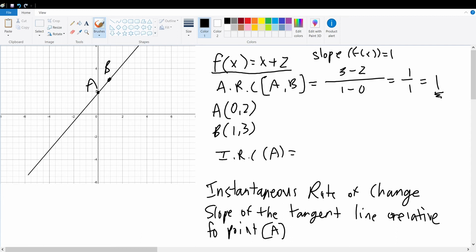So with this definition in mind, how are we supposed to find the slope of the instantaneous rate of change of A if we're only given one point, which is point A?